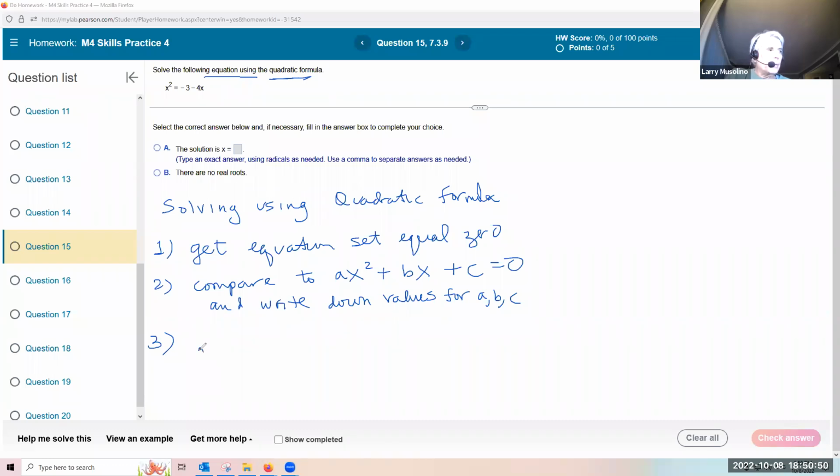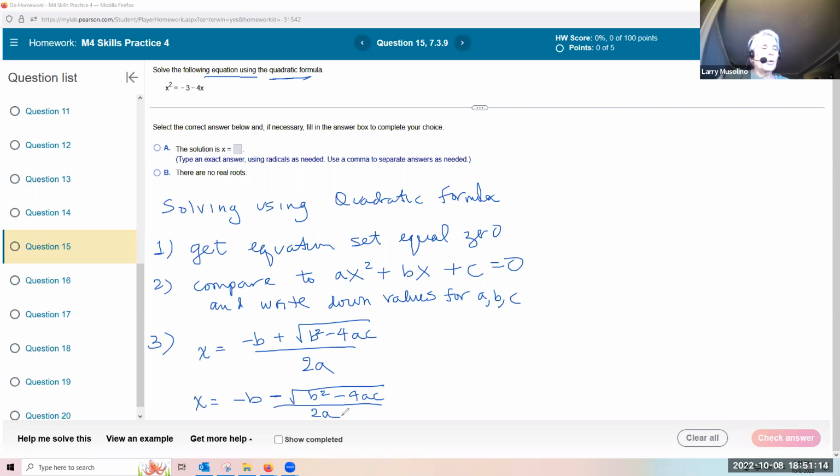Now, the quadratic formula looks like this. It says x equals negative b plus the square root of b squared minus 4ac, over 2a. That's one answer. But there's a second answer, which is negative b minus the square root of b squared minus 4ac, over 2a.